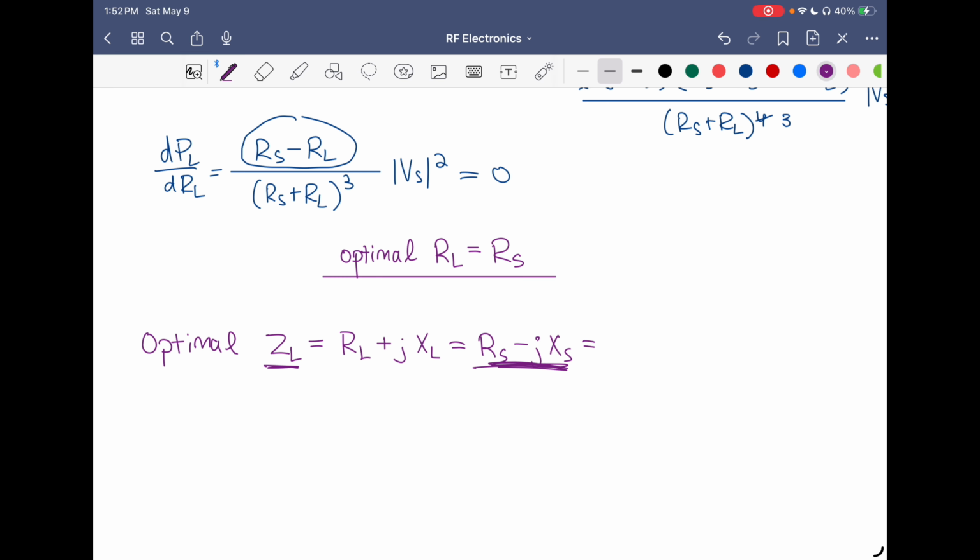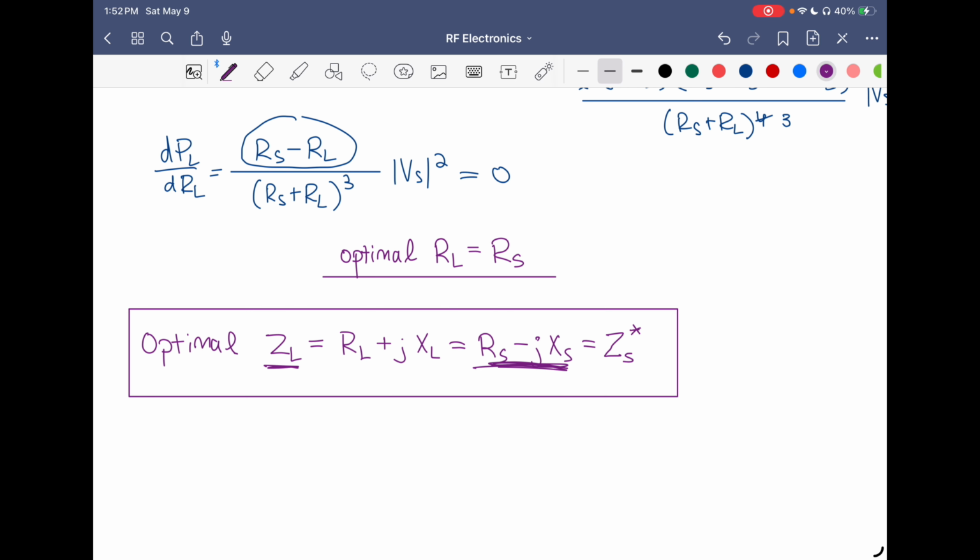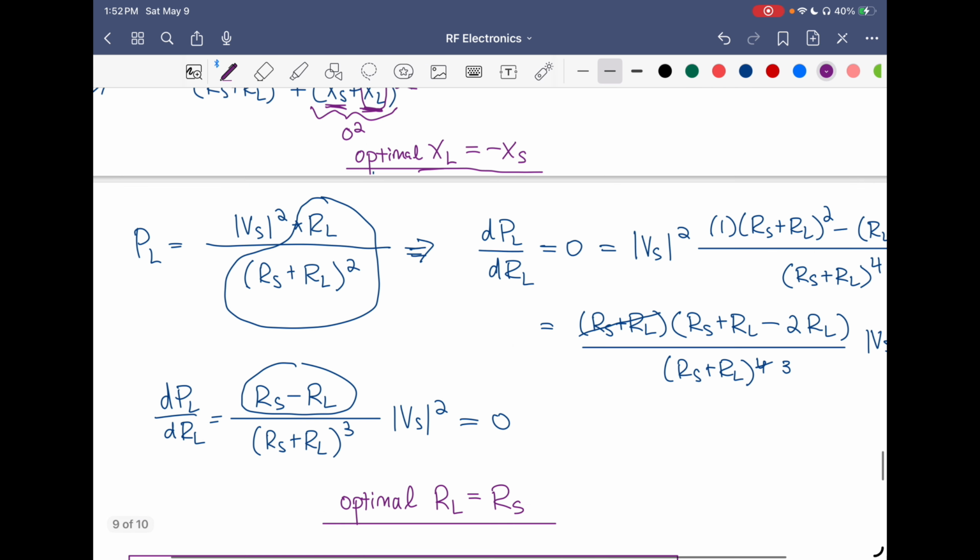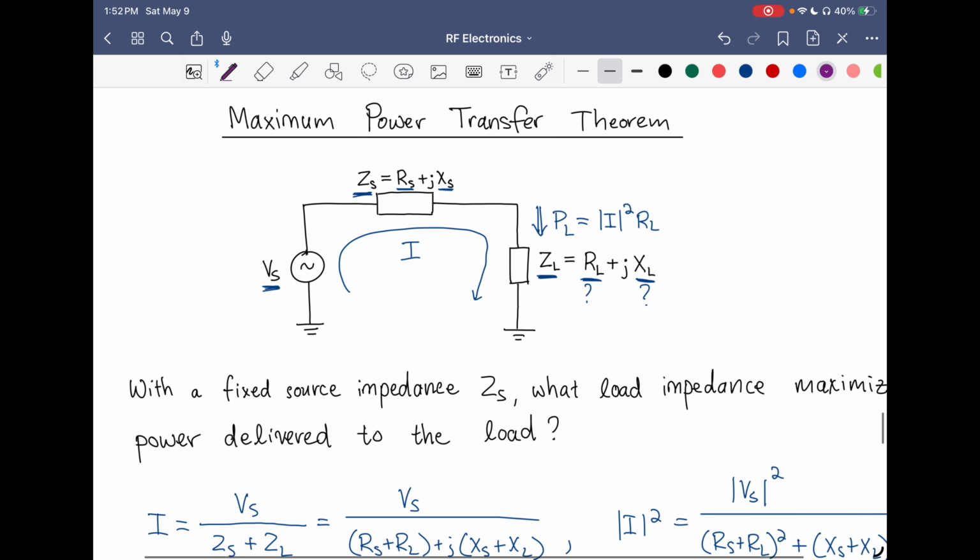And you can see that this exactly equals the complex conjugate of the source impedance. So therefore, this is what the maximum power transfer tells us, that if we have a fixed source impedance and we want to choose the values of the load impedance, we should choose the load impedance to be the complex conjugate of the source impedance so that we deliver maximum power to this load.